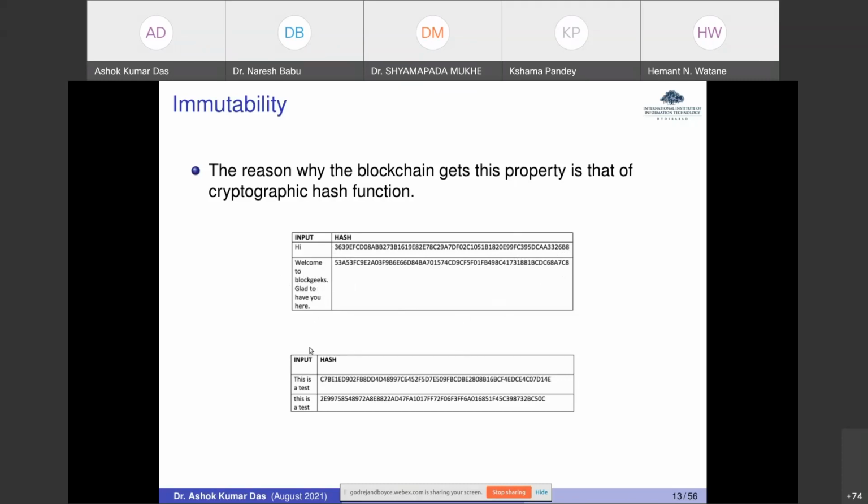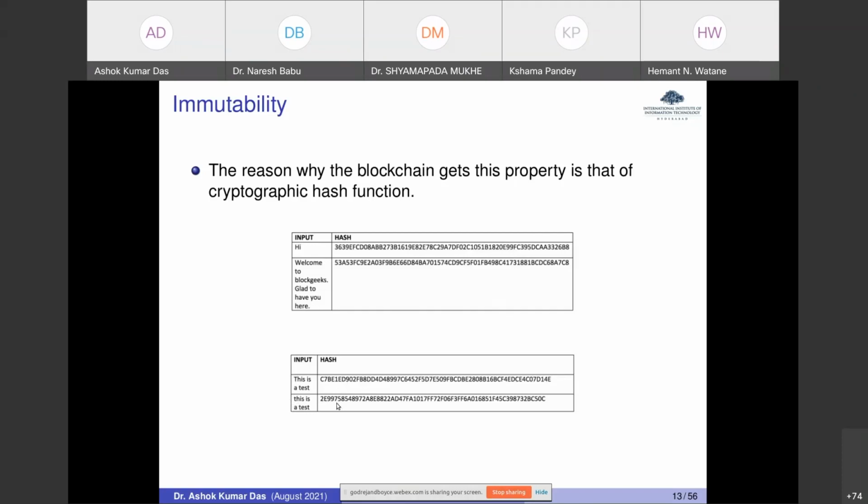Now suppose in the second example, there is a block or transaction that says "this is test", and your hash value is like this. Now if someone tries to modify this transaction, changing uppercase T to lowercase t, this simple modification will produce a completely different random hash output.